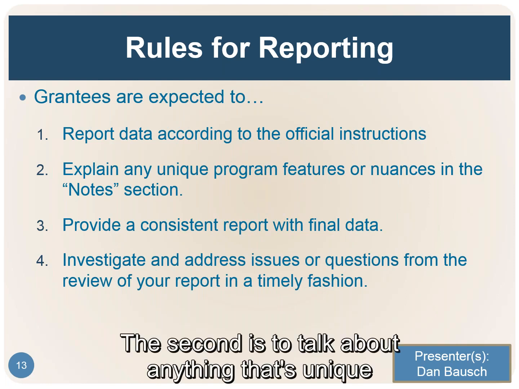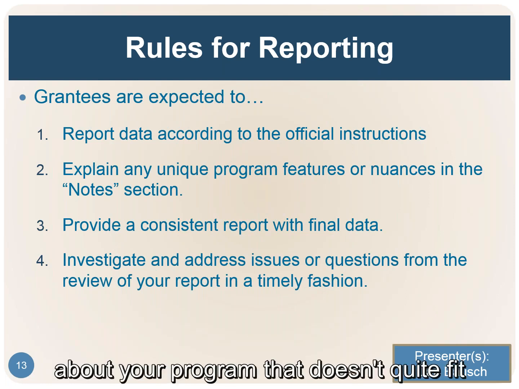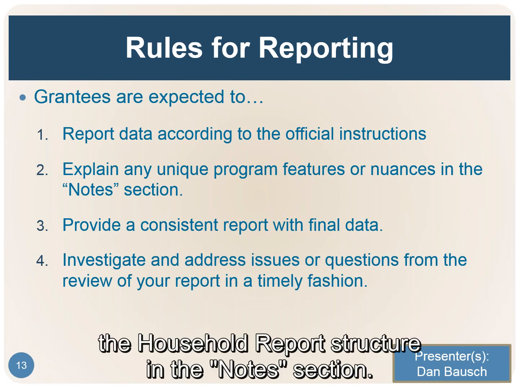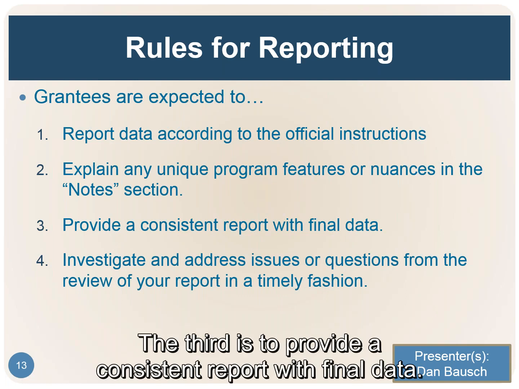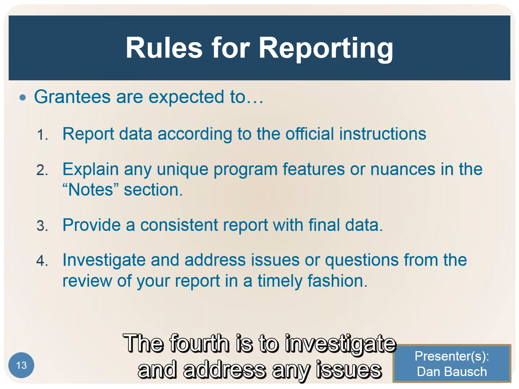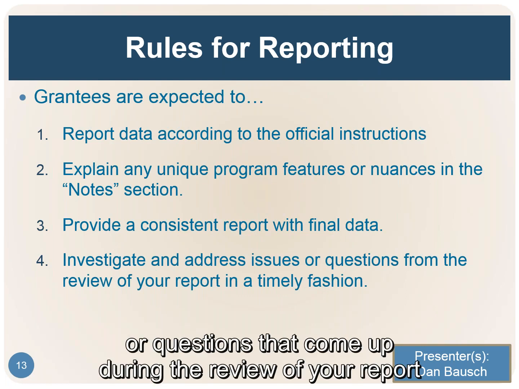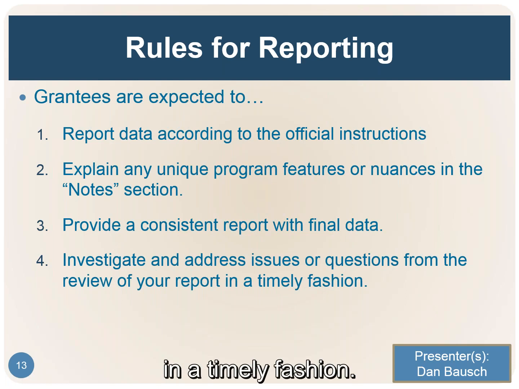The second is to talk about anything that's unique about your program that doesn't quite fit the household report structure in the notes section. The third is to provide a consistent report with final data. And the fourth is to investigate and address any issues or questions that come up during the review of your report in a timely fashion.